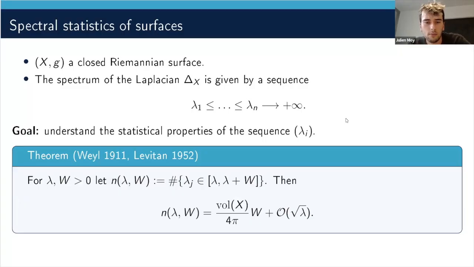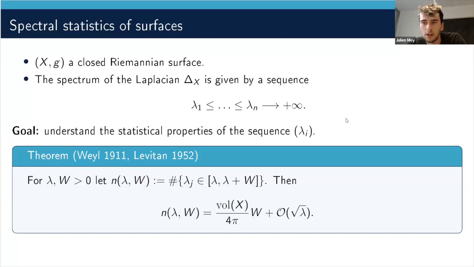Weyl's law tells you that the number of eigenvalues in this window is linear in w. There is a geometric factor given by the volume of X, which is rather the area here, and there is a remainder, which is square root of lambda. It is kind of silly to look at this when w is too small, but we still have this.